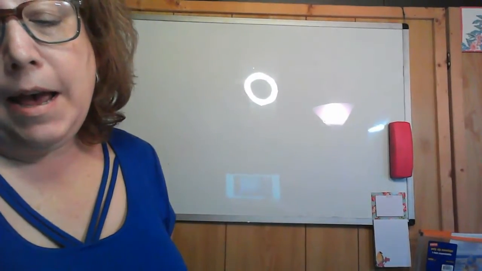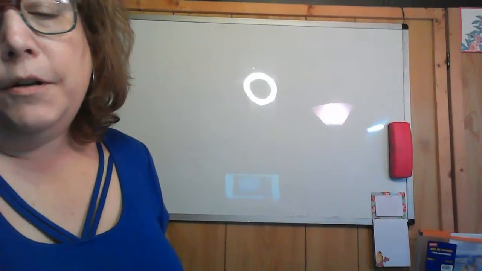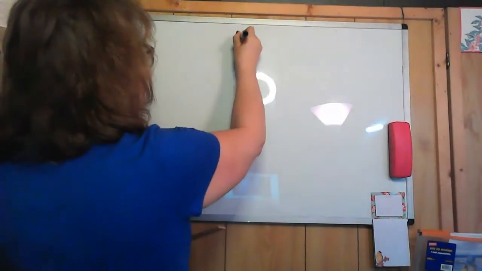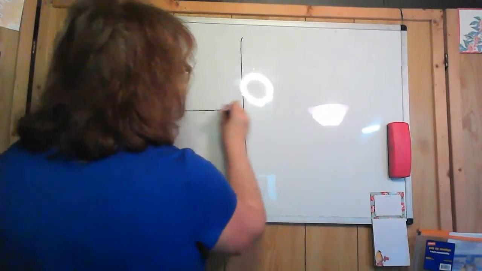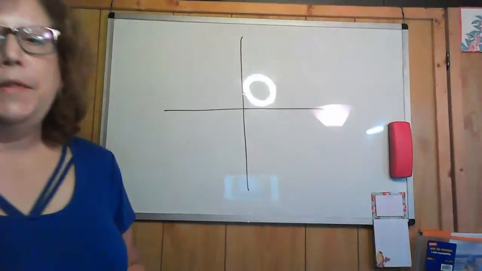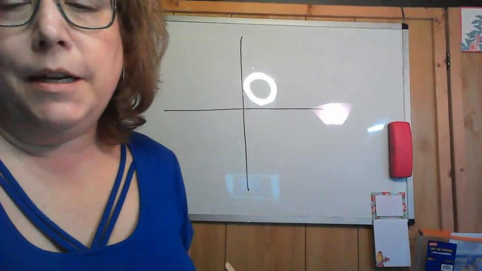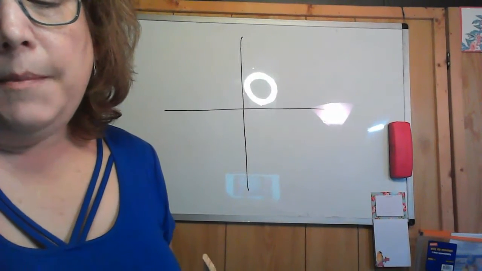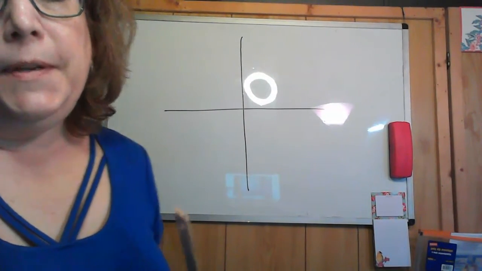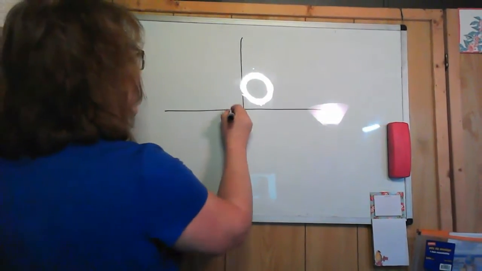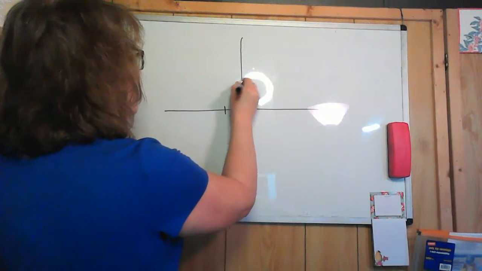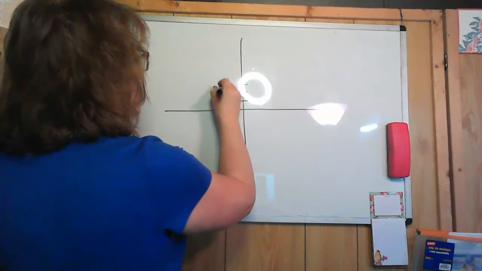Okay, we have, let me draw another. I need to get some graphs to put on this board here at my house, and I don't have those. Our first point is going to be -2 and 3. So somewhere around there.